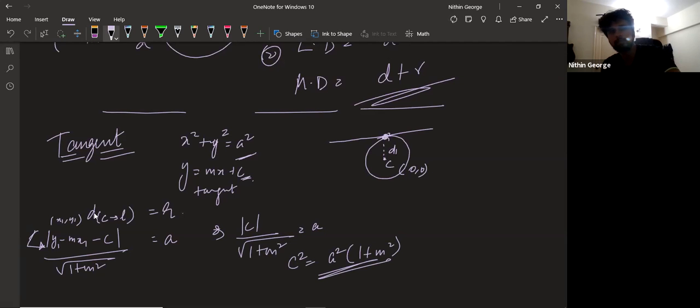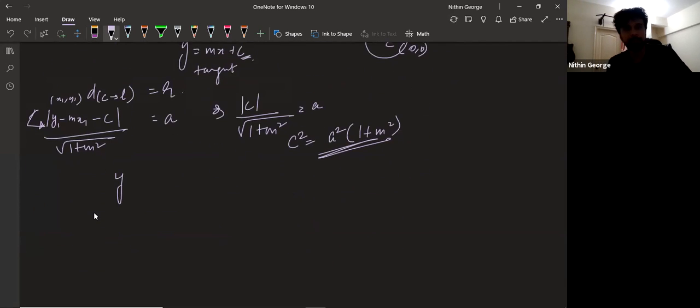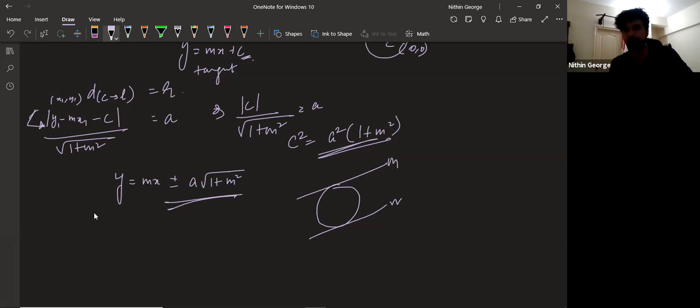So here, the equation of tangent becomes y equal to mx plus or minus a root 1 plus m square. So the idea here is that for a particular slope m, there will be two tangents. Any doubts here? No, sir.